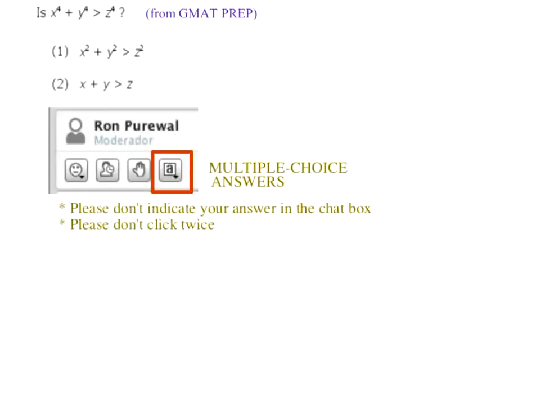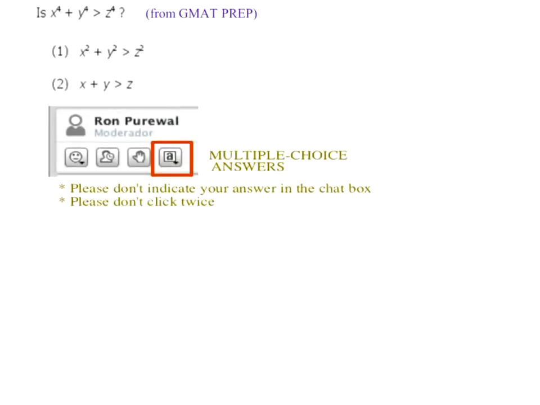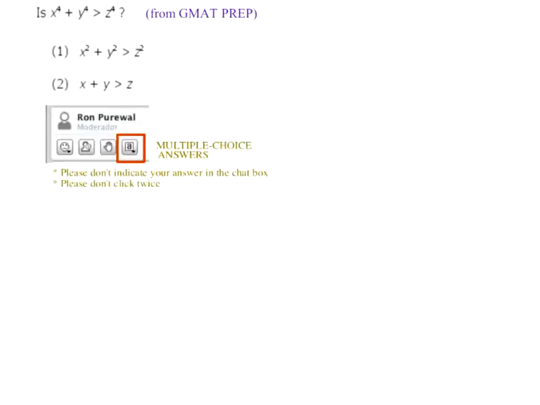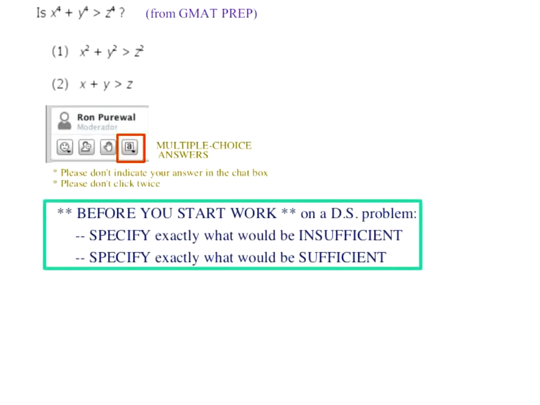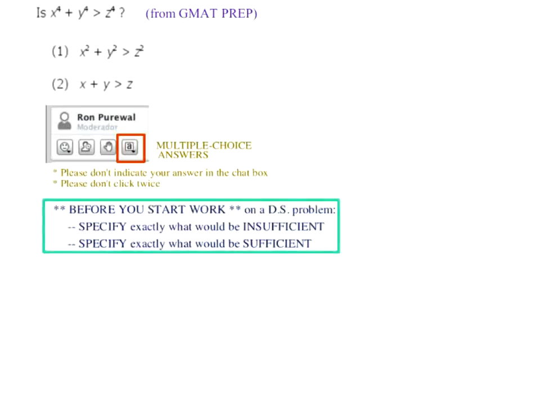So that's where you indicate the answers. And don't forget to understand what these mean before you start. All right, make sure you pick an answer to this thing, please.